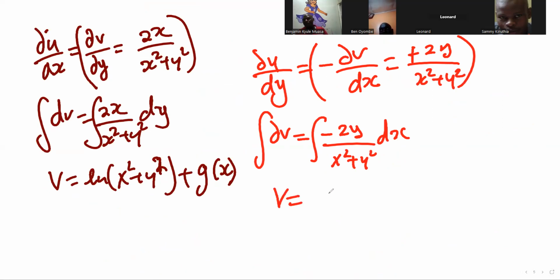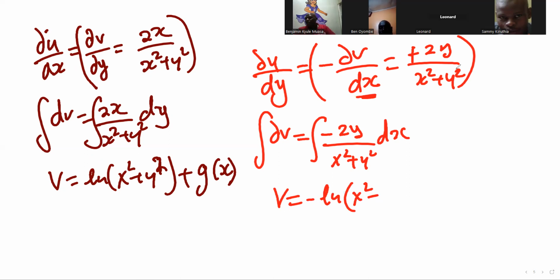So v equals to, this one here is still the same, minus, then you go to have what? ln of x squared, or was it dx? dv equals to x squared plus y squared. Let me see. What do you do with the negative? No, let me see. This one here, you cross multiply and get dx here.